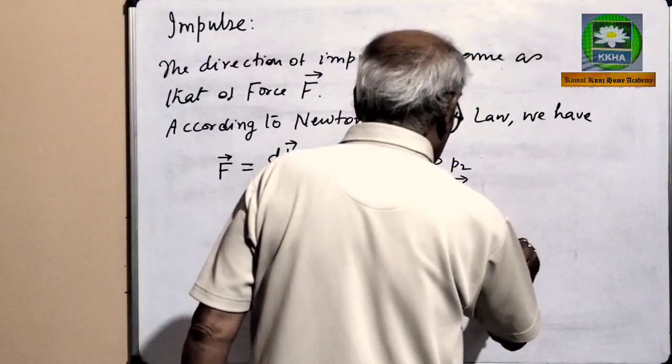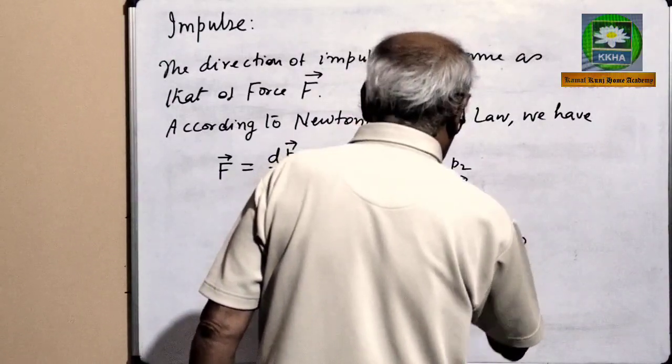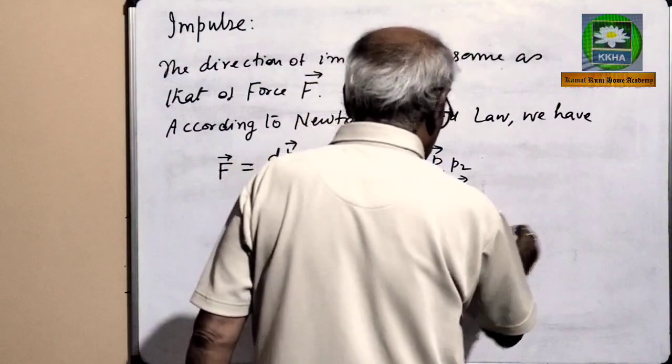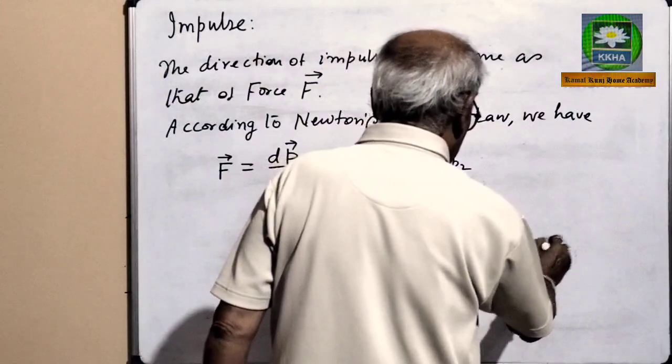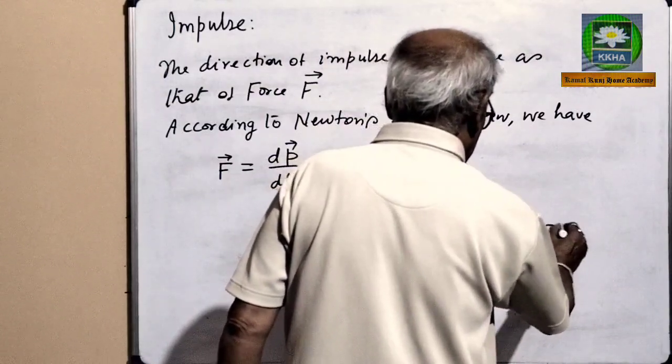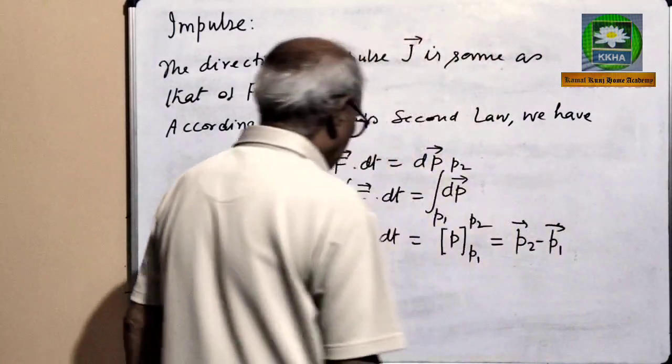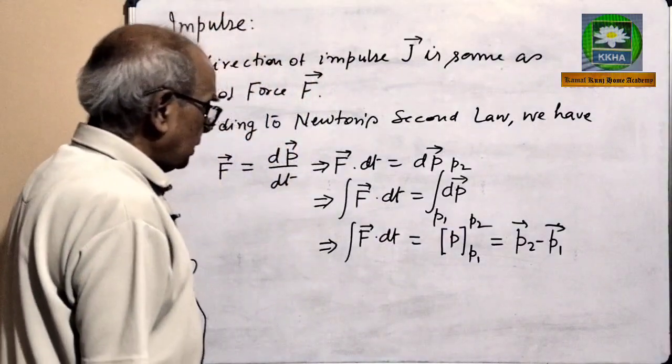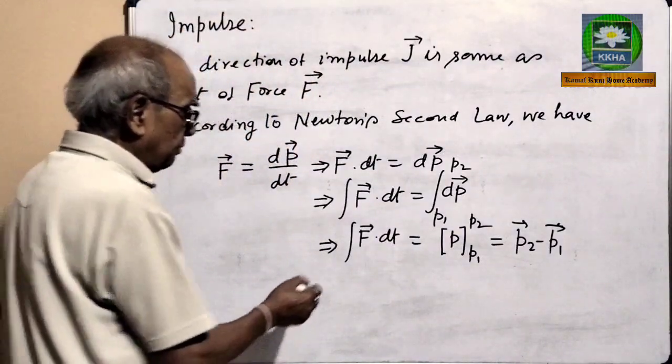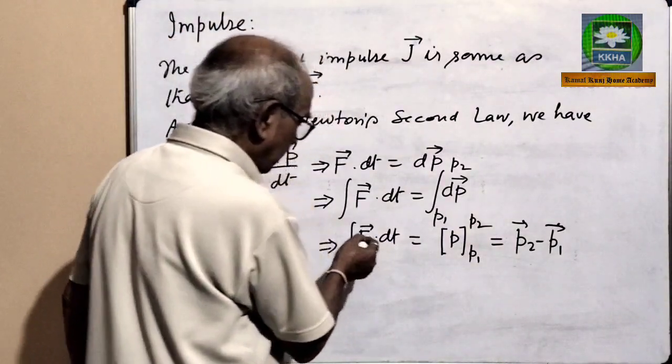This is equal to P2 minus P1. That is the impulse of a varying force.